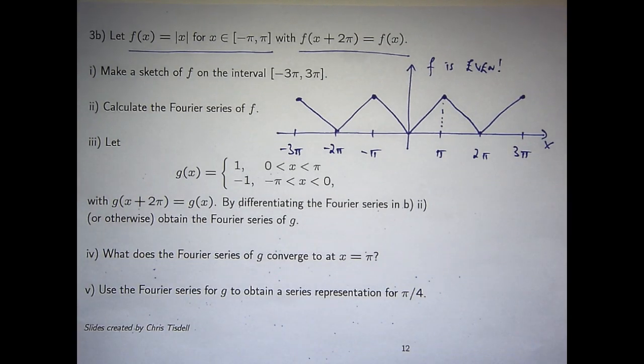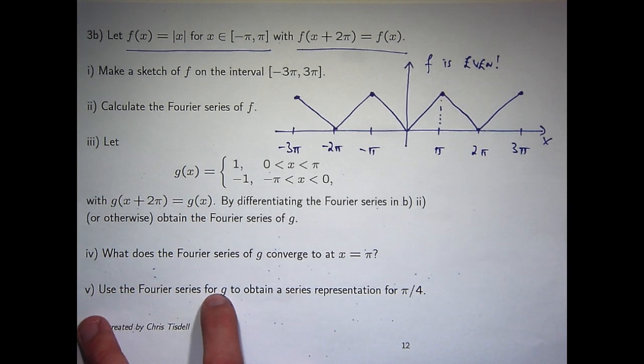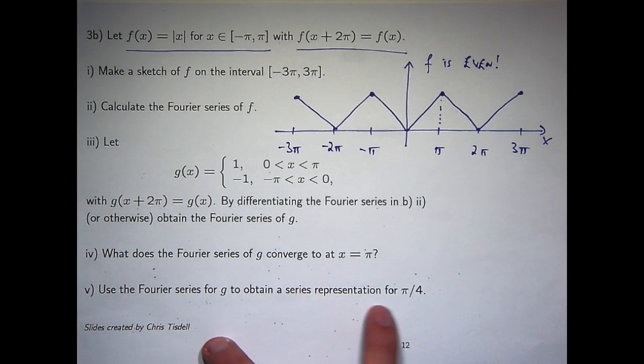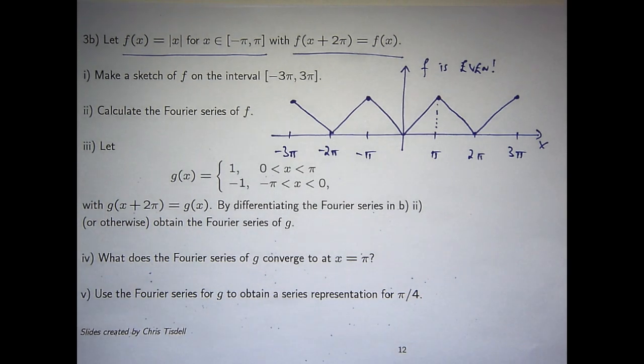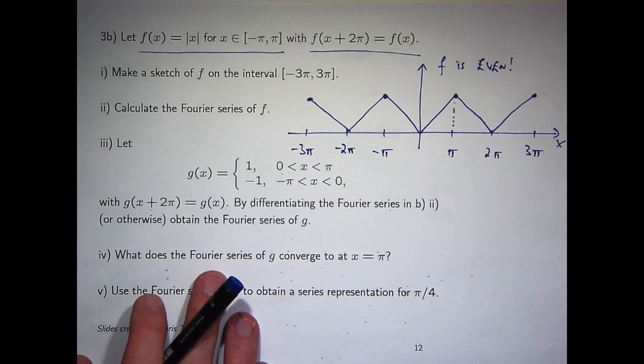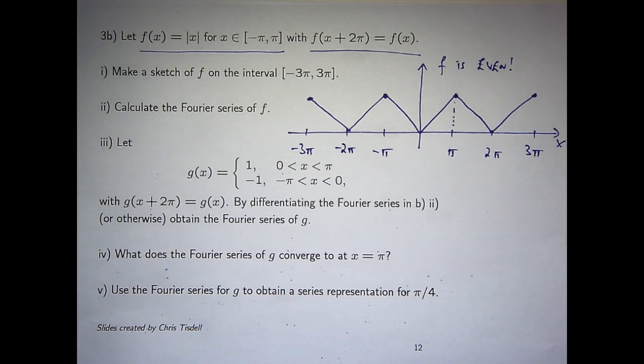Now, our last part for this question, use the Fourier series for g to obtain a series representation for pi on 4. So essentially, what this last part is asking you is to come up with some sort of series of constants that converges to pi on 4.